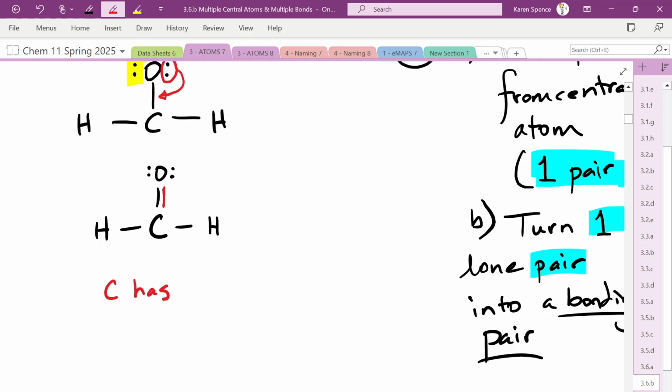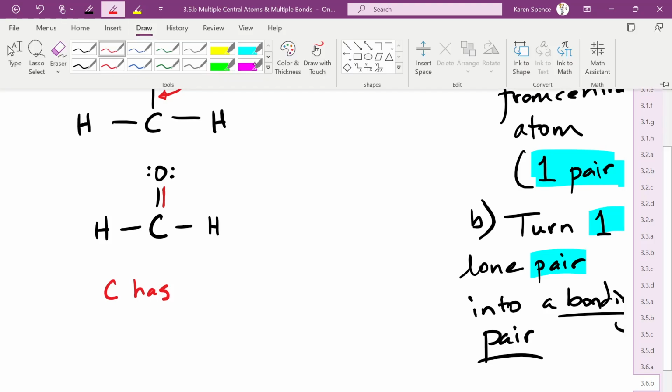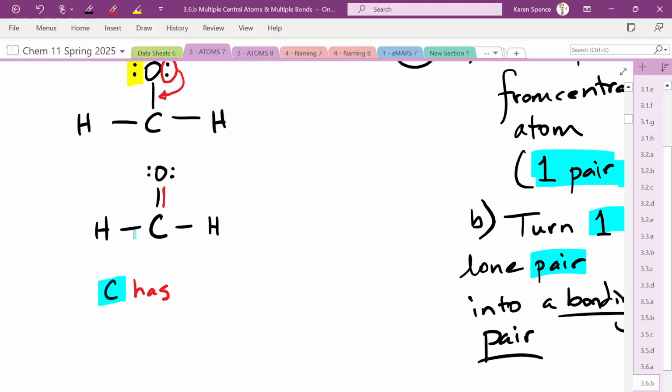Carbon has 2, 4, a pair makes 6, and a pair makes 8. How many does oxygen have? It has lone pair, that's 2, 4, and a bond makes 6, and a bond makes 8.